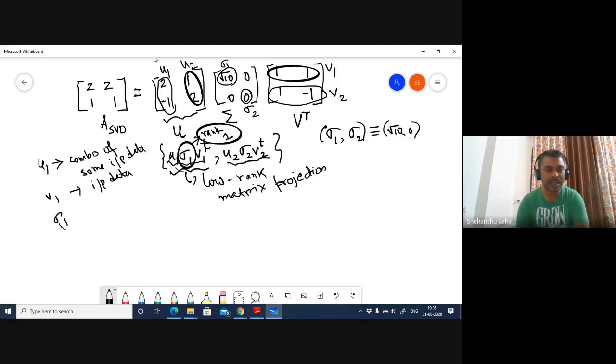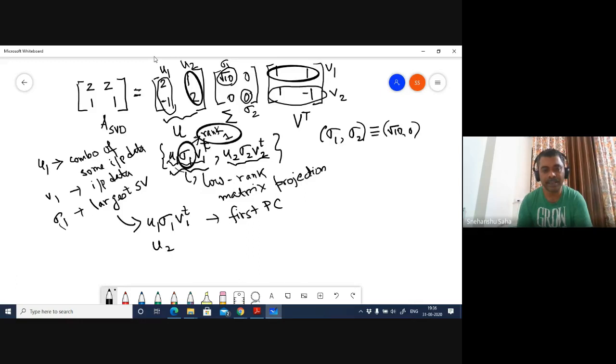And sigma 1 is nothing but the largest singular value. So what this implies is that your first principal component is nothing but this guy. This is your first principal component, right?